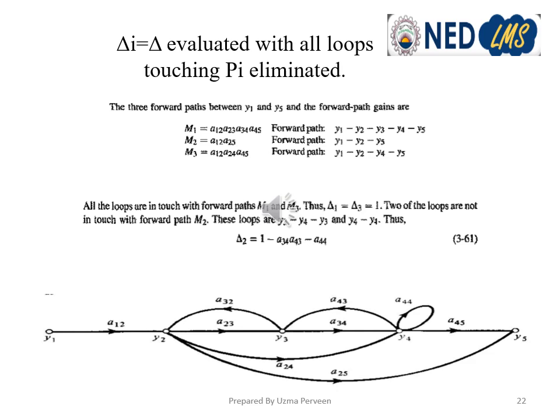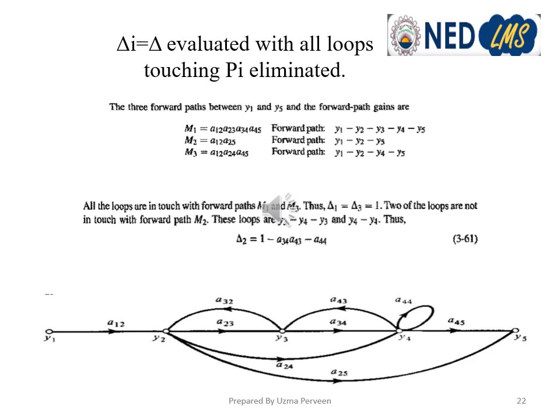It means that the formula will remain the same. Del i equals del evaluated with all loops touching Pi eliminated. As all the loops are touching forward path 1, we have to eliminate all the loops. And when we have eliminated all the loops, the formula of del becomes del equals 1, because all loops are actually touching the forward path.